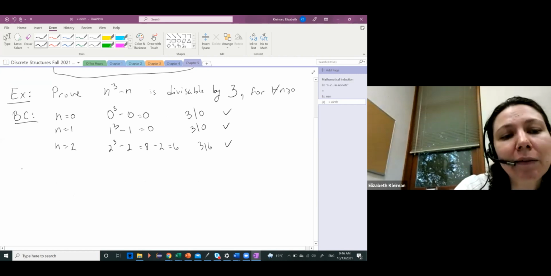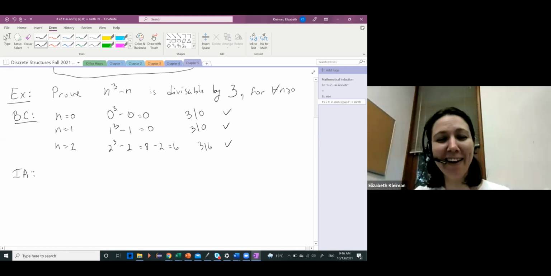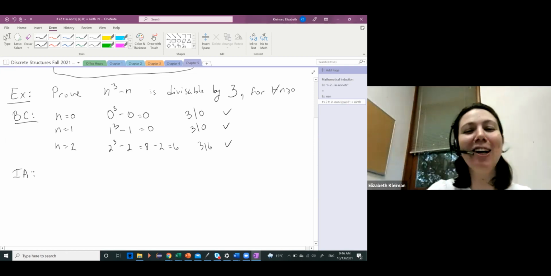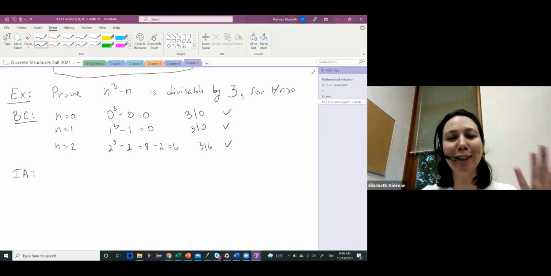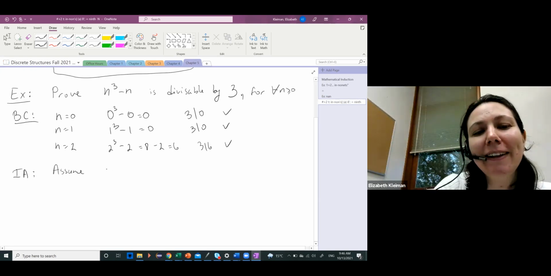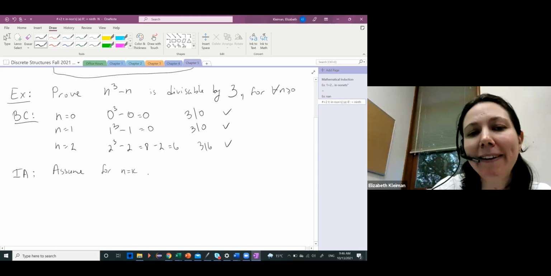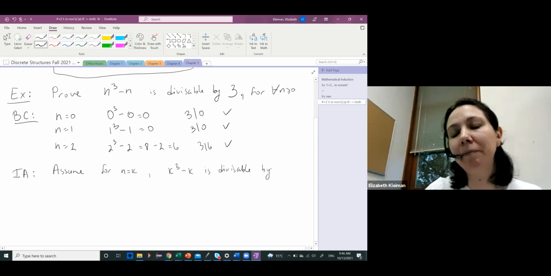So the next thing I'm going to do, I always call it IA. So this is the induction assumption. This is what I assume. I'm going to assume for n equal to k, k cubed minus k is divisible by 3.